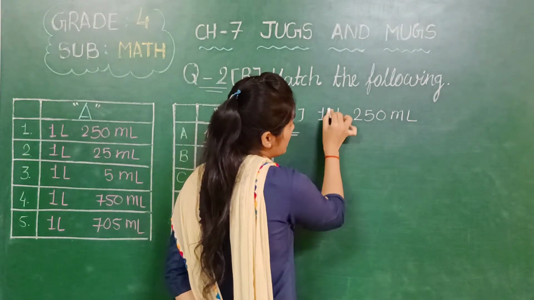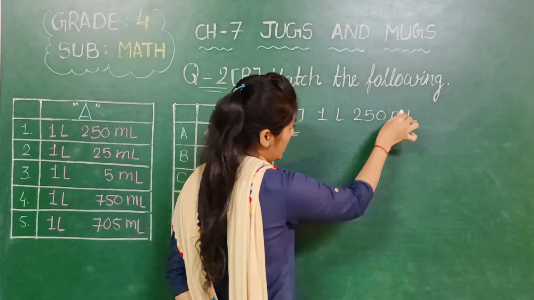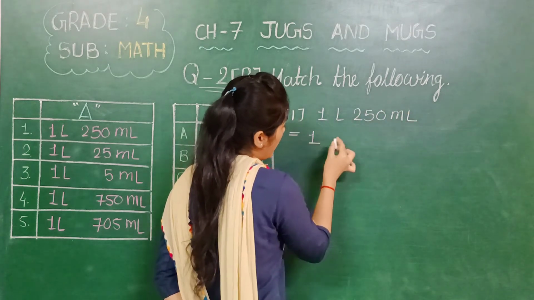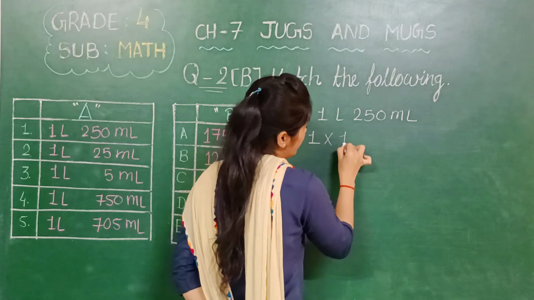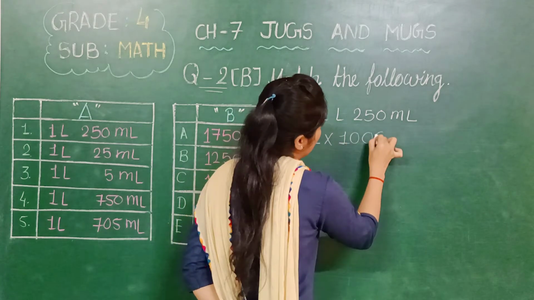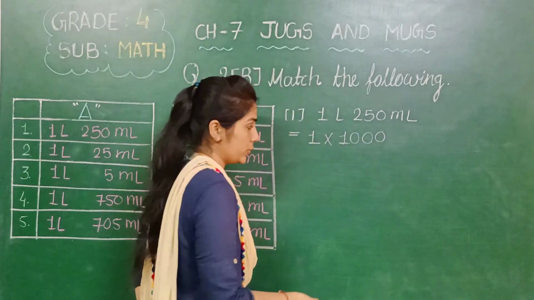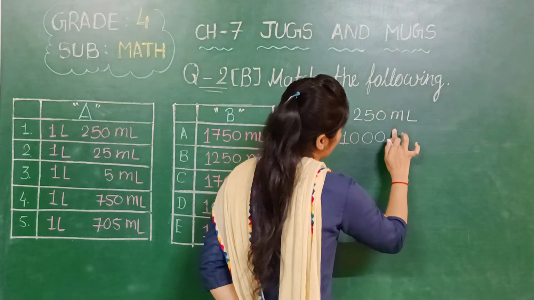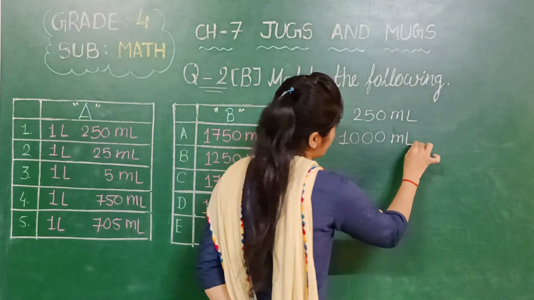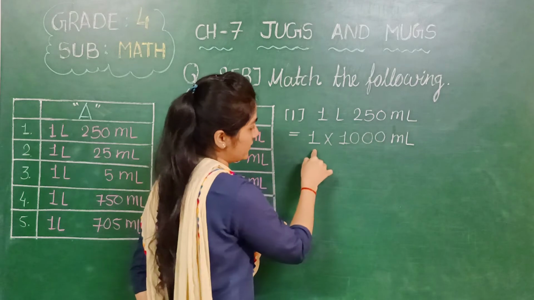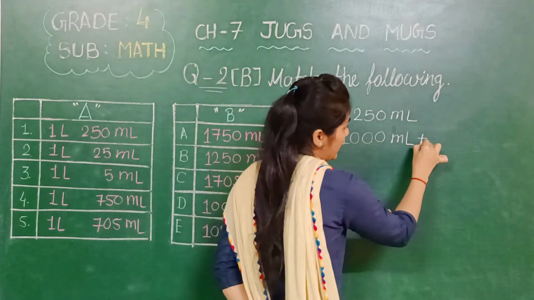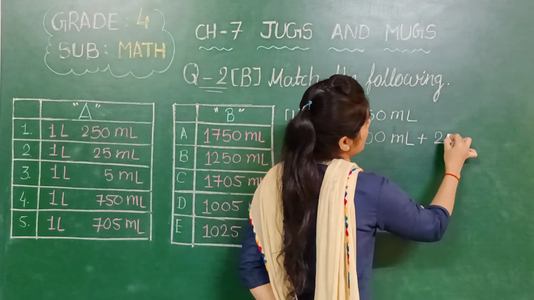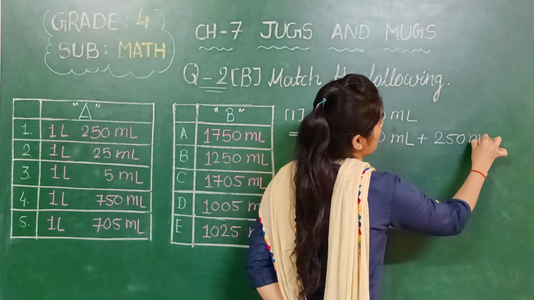First of all, liter we are converting into milliliter. So 1 multiplied with 1000. Formula I am not writing because now you already know the formula. So that 1000 I am multiplying with this 1. Put addition sign and copy the same 250 ml.